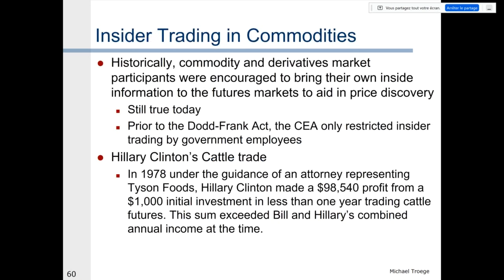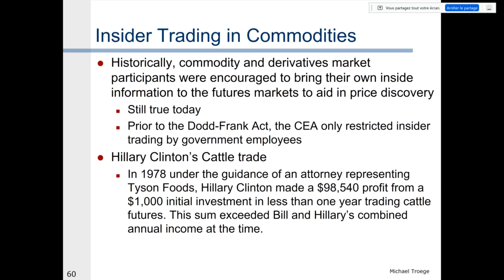Now, as I think I told you already, one of the surprising things is that in the commodity future markets, there is no such thing as insider trading. Insider trading is allowed. So you can trade based on private information. Why is that?